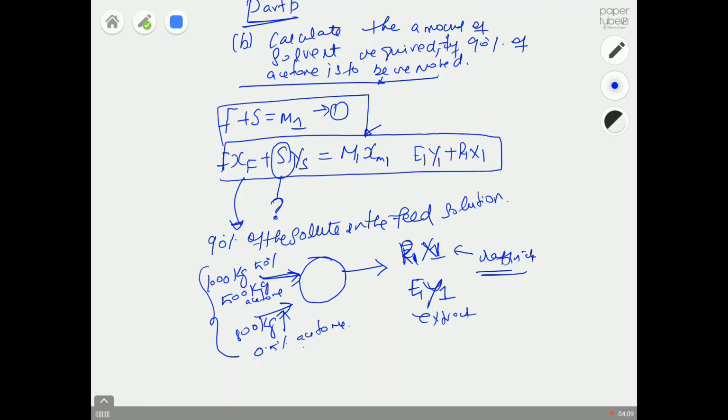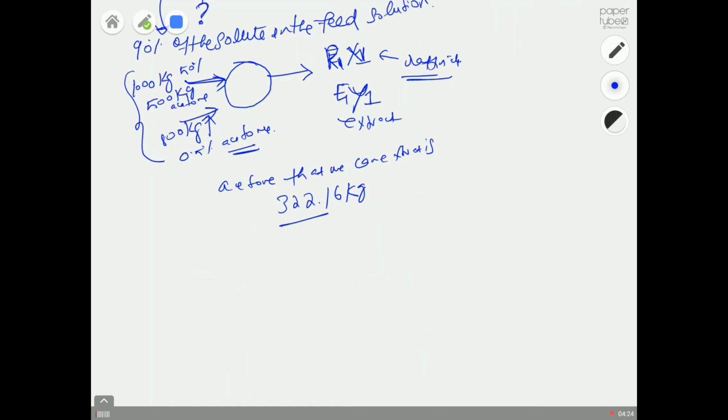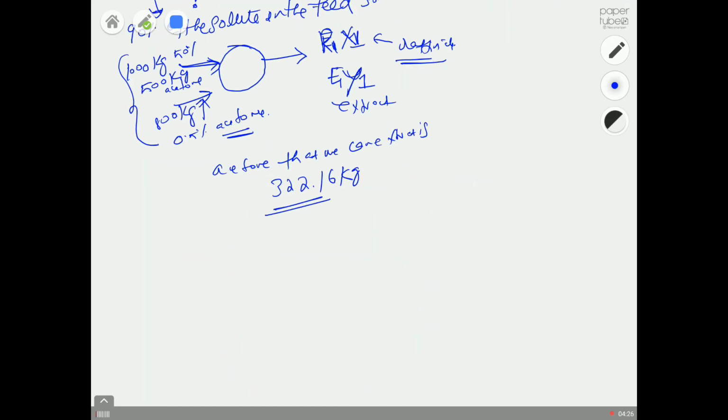If that's the case, we found that the acetone that we can extract is 322.16 kg. So what does that mean?